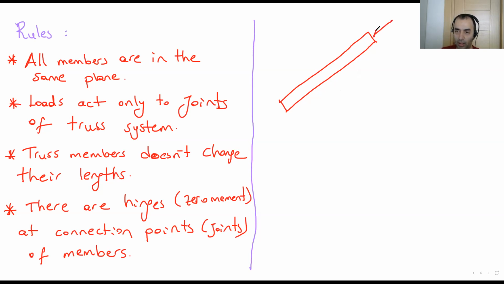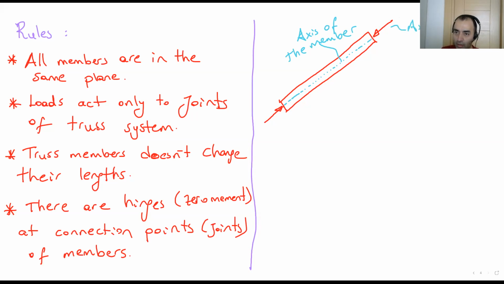If I have a load in this direction, what is this direction? By the way, this blue line is the axis of the member. So if we apply a load in the direction of this axis, this is an axial load.